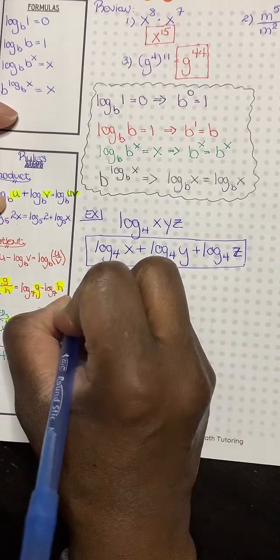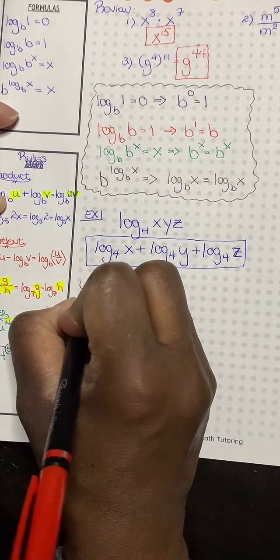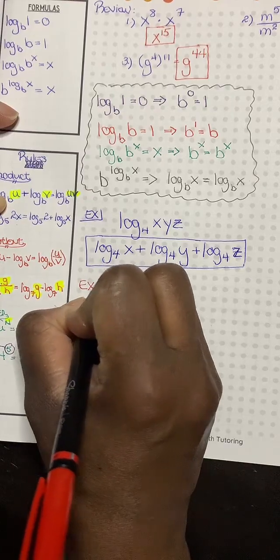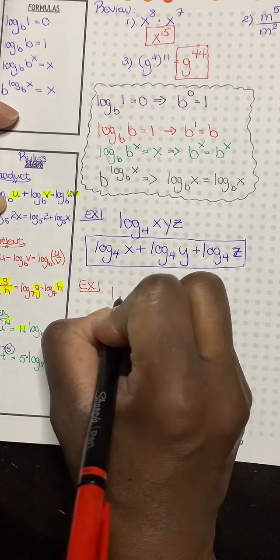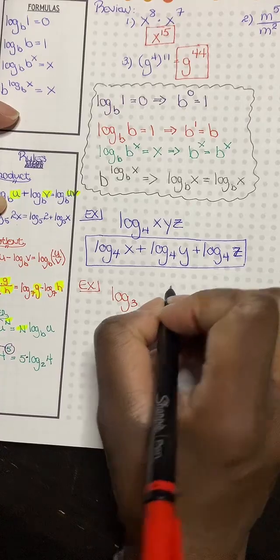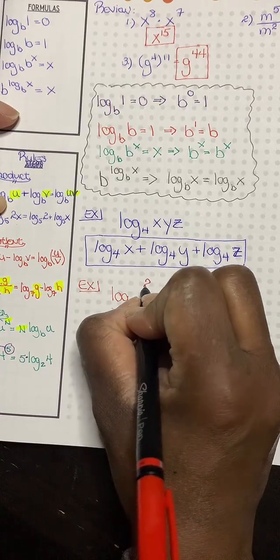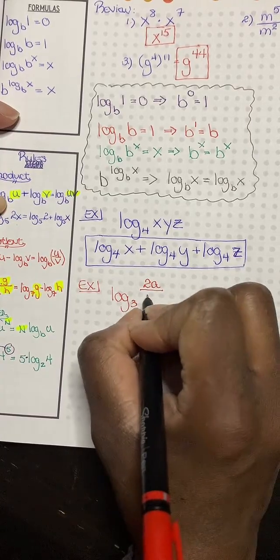So if I have, let me change colors so it'll be easy for you guys to follow. So if I have log base 3, and I have 2a over b.